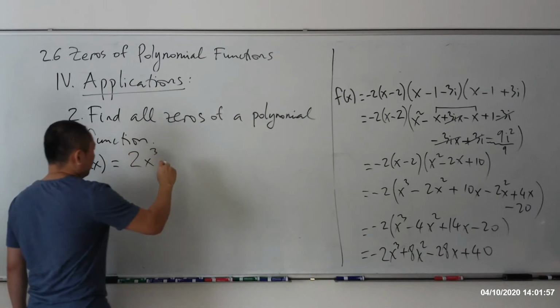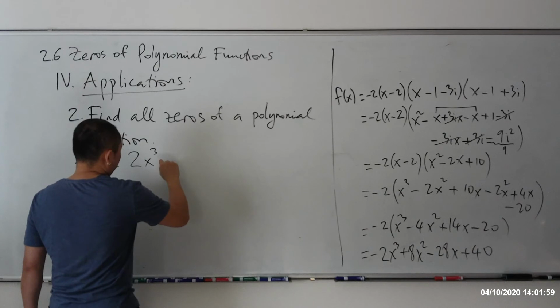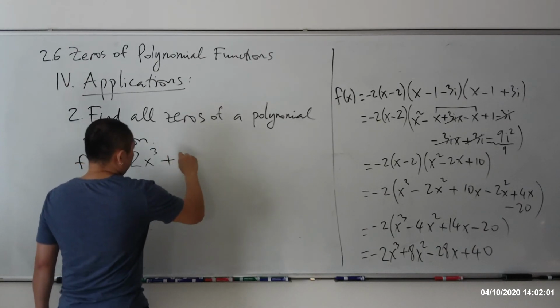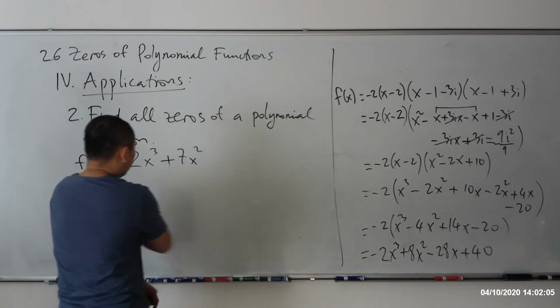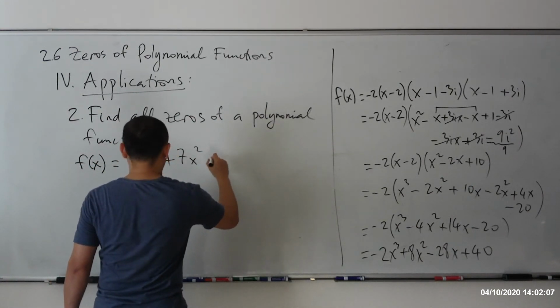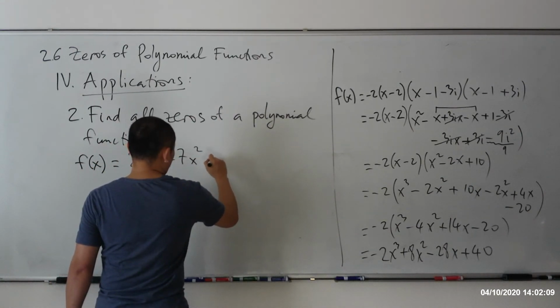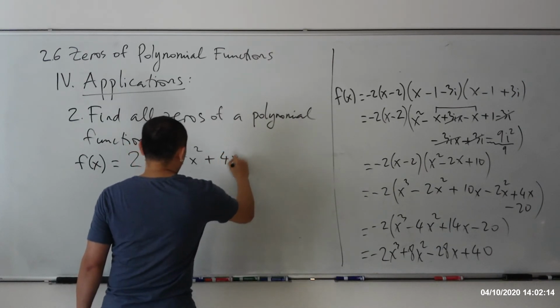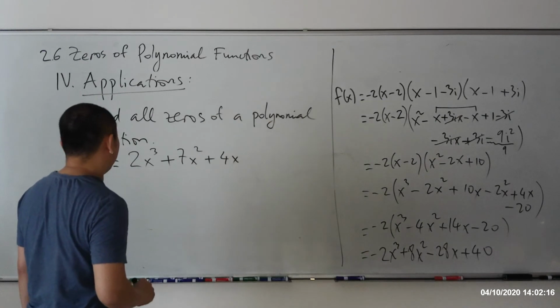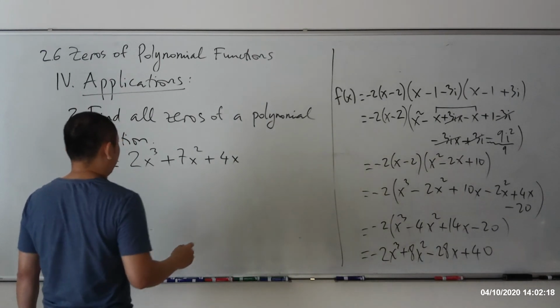2x cubed plus 7x squared plus 4x. Let me see if it's right. Yep.